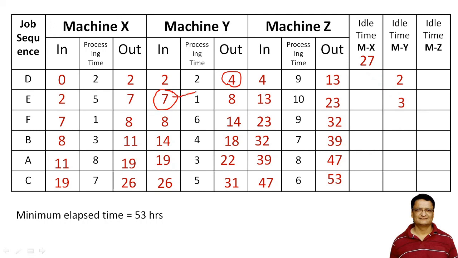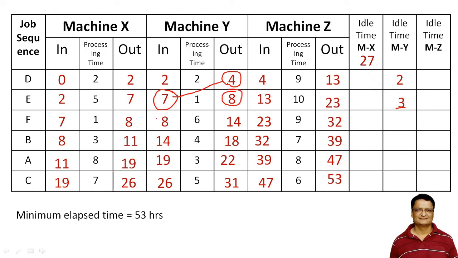So the difference between these two is my 3 value. So what you can do, you can look for out time for a previous job and in time for the next job for a same machine, and this will give you the difference, and that will be the idle time. So we can apply this strategy for next thing.